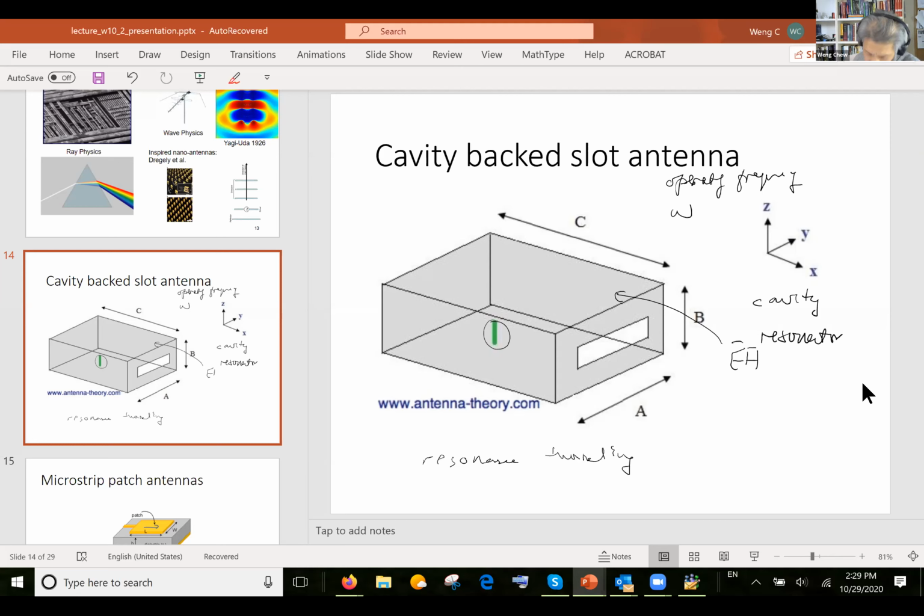And then there will be some fringing electric field, E field, at the slot of this antenna, and the slot of this antenna would leak out the electromagnetic energy. So this is called a slot antenna. And it can radiate very well because you hit the resonance frequency of this resonator.